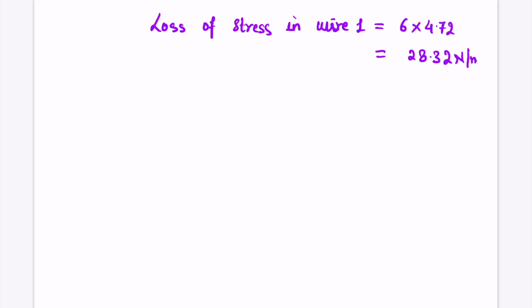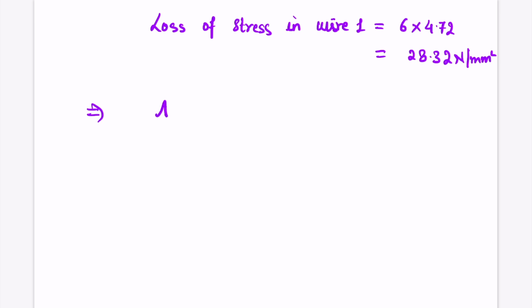Newton per mm square. But we need to calculate the value of average loss of stress in all the 3 wires. So in wire 3 there is no loss, and in wire 2 we calculated the loss as 14.16 Newton per mm square. In wire 1 we calculated the loss as 28.32.